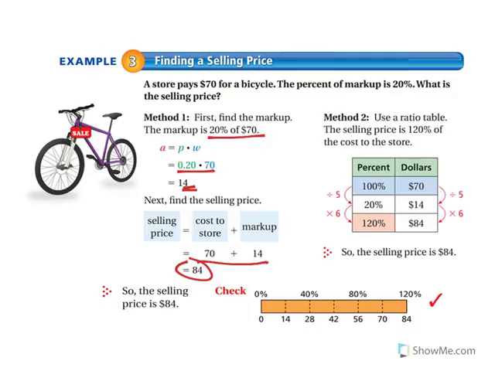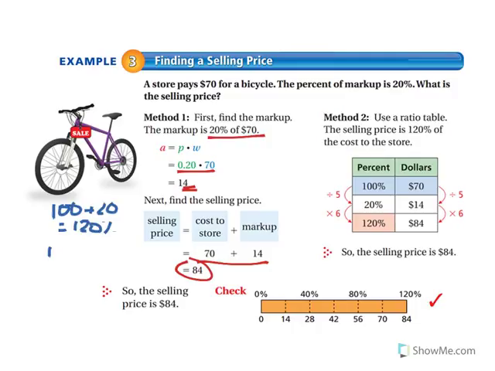Again, the other way of doing this is, I'll show you. The other way is you can use a ratio table, and the ratio table shows you what 100% of 70, 20% would be 14, you add it. I guess a third method would be doing, well, if I'm paying a 20% markup, that means I'm doing 100% plus 20 equals 120%.